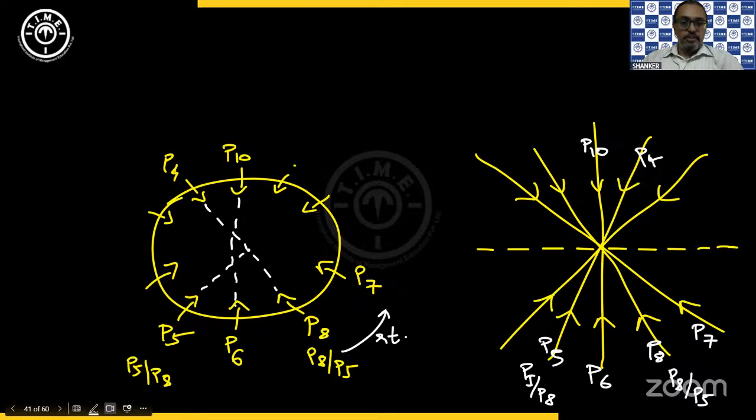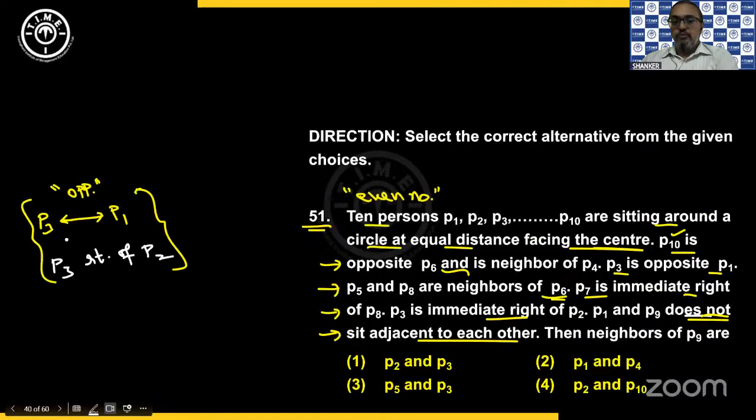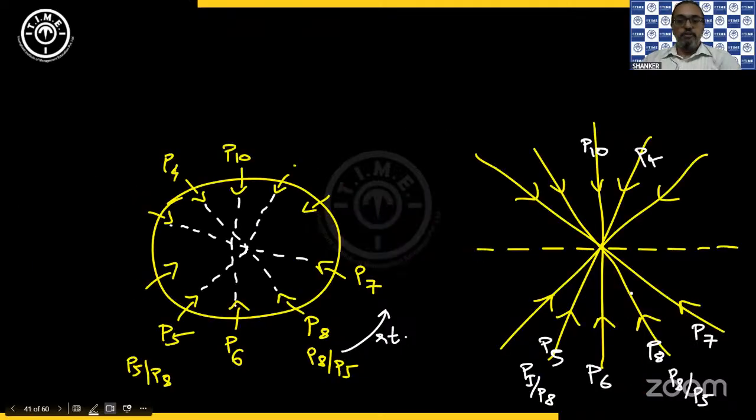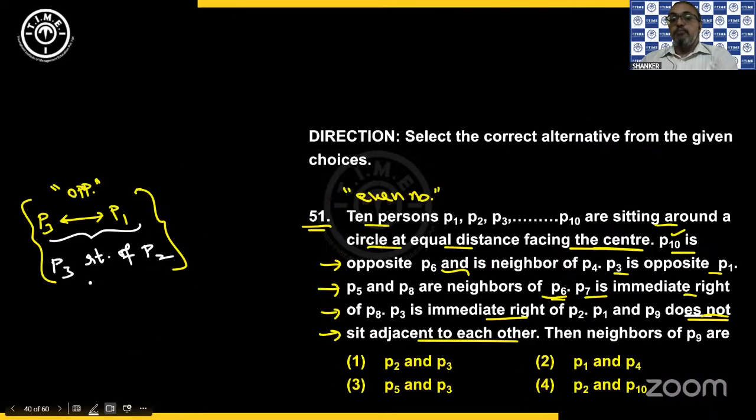Then this opposite cannot happen. And this opposite is also filled. That means this is the only opposite. So P1, P3 now should be arranged there. In the same way, there will be only one opposite in the second case also. Now, apart from that, I also have to satisfy this.